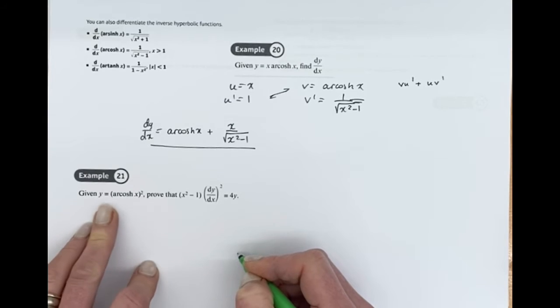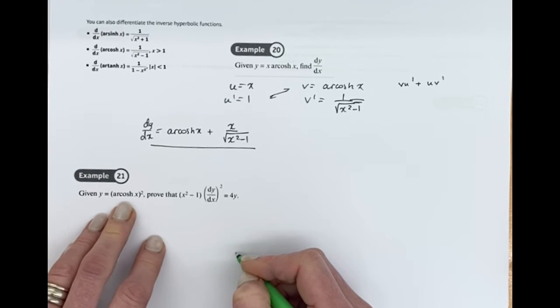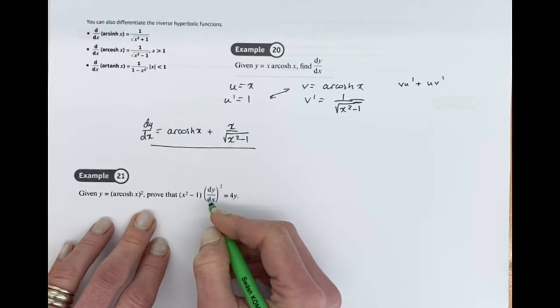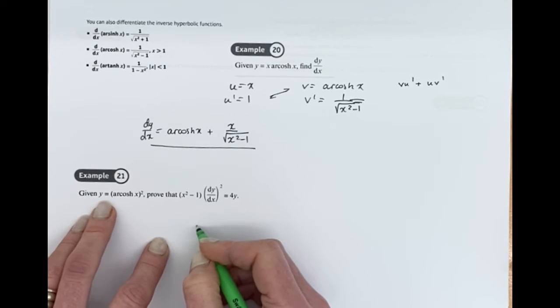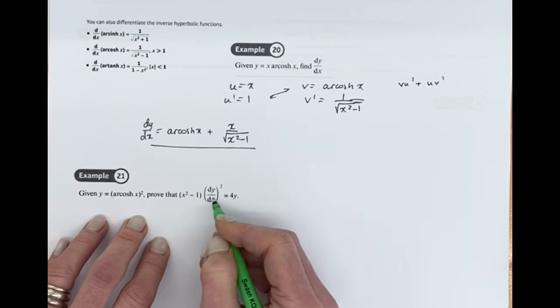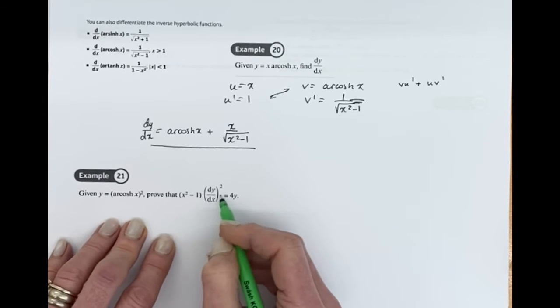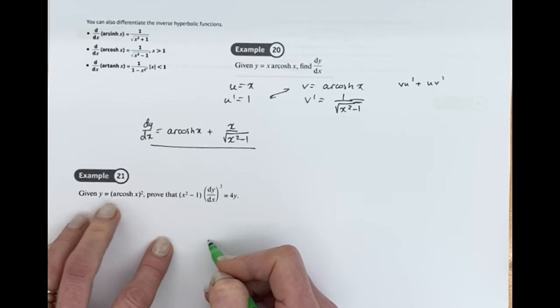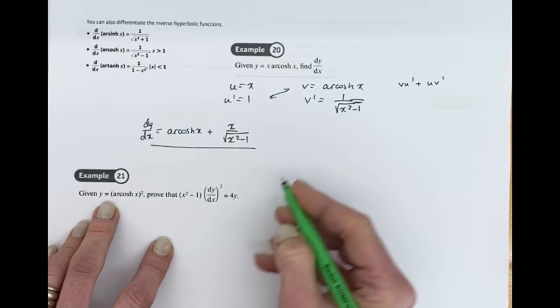Okay, example 21, we have to differentiate y equals arcosh x all squared, and then hopefully we will square that result and rearrange it to make it look like this. So let's start by finding dy dx.